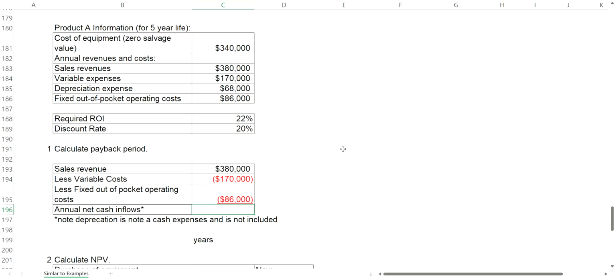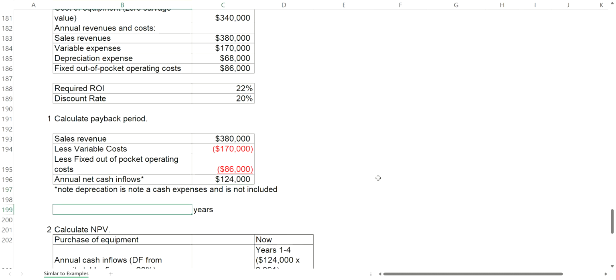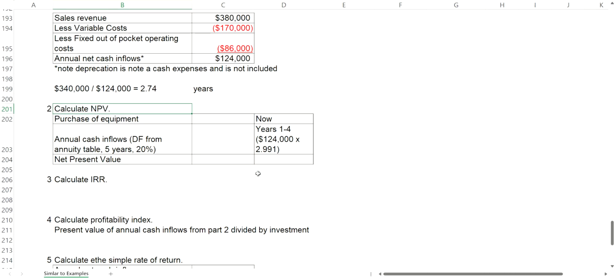So when I take $380 minus $170 minus $86, I get the net annual cash inflows of $124,000 per year. Now that's an equal amount each year, so that makes it easier to calculate the payback. The cost of the equipment is $340,000. So if I take the cost of the equipment divided by the annual cash inflows of $124,000 per year, that means the piece of equipment would be paid back in 2.74 years.